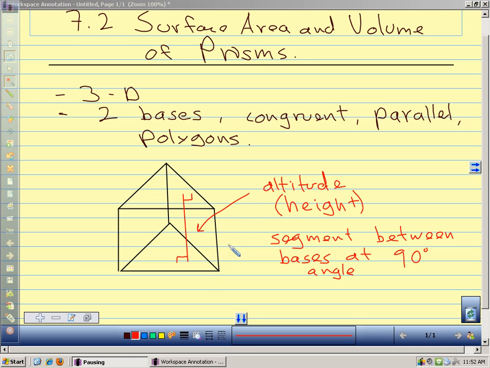If our prism were oblique, if it were slanted, then like a triangle, we can have the altitude outside. So that's why we need to worry about it. And I just want to draw it in there because we're going to be using the altitude for pretty much every shape we talk about. Is it going from this triangle to that triangle? Yes. So it's touching the triangle down here, and it's touching the triangle up here.